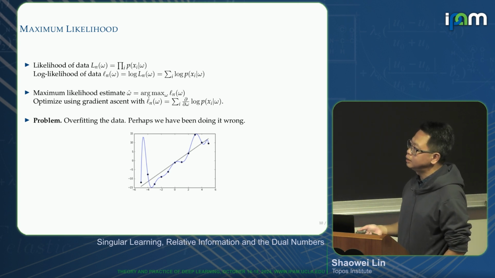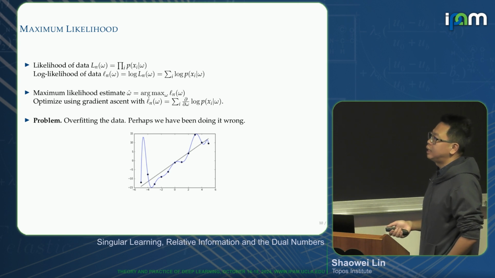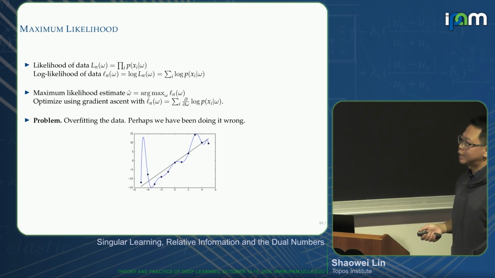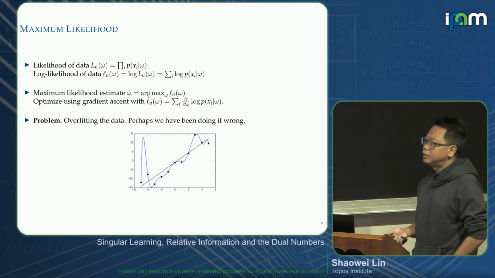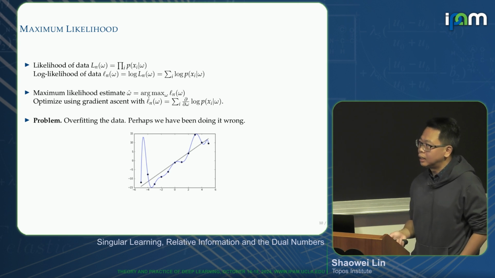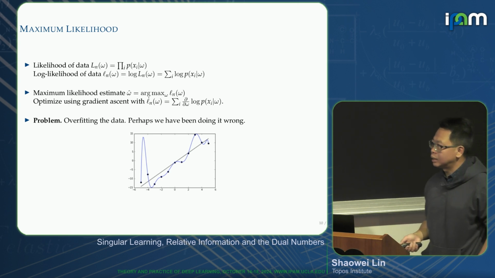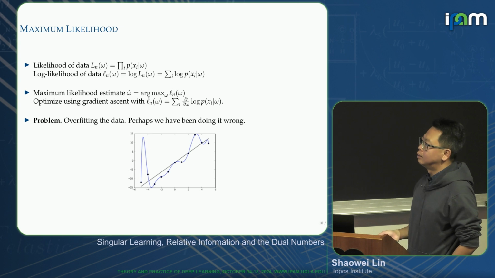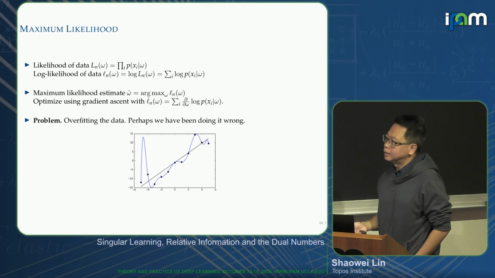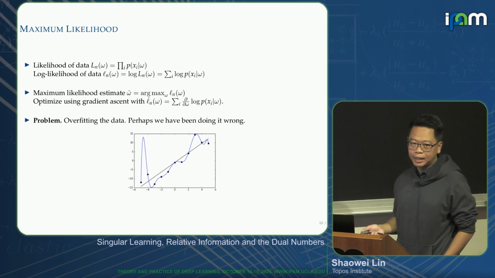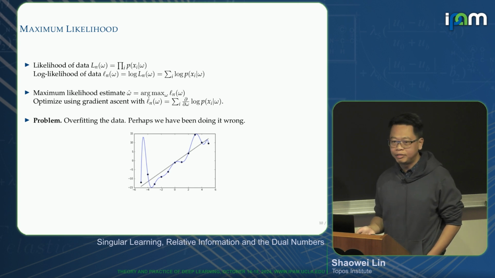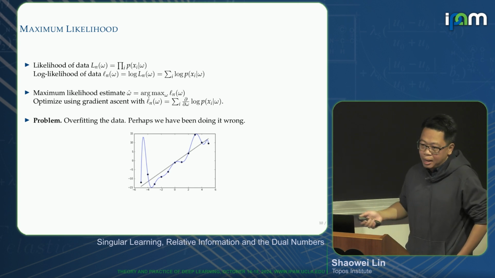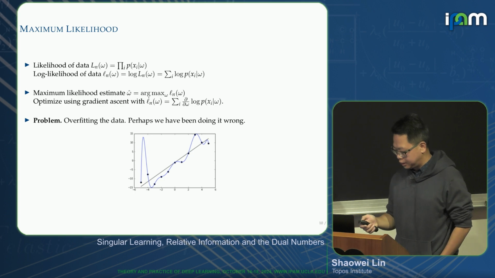You start off with your data, you write down the likelihood of the data, and then you compute the maximum likelihood estimate, and you often do that by doing gradient descent on this likelihood function. We mostly know that the problem is that when you do maximum likelihood estimation, you tend to overfit the data, and perhaps we have been doing it all wrong.